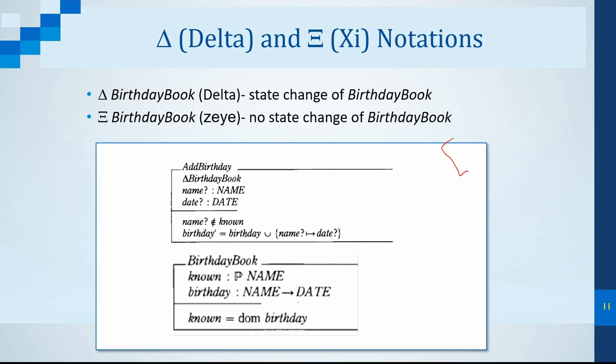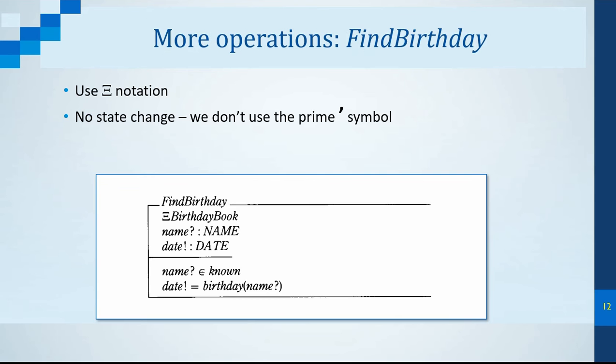Even if you change only one variable, you have to use this delta. Here we change the birthday, even only the name. We check just to check, but we change the data or the birthday, so we have to use delta. If there is no change, you don't add any items or you don't change any items, so I just use z.